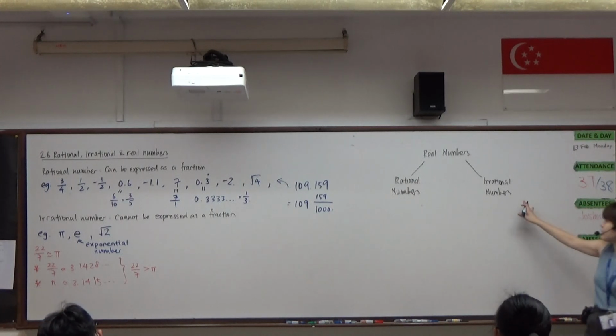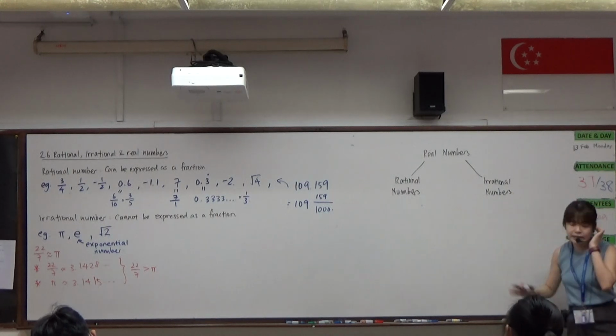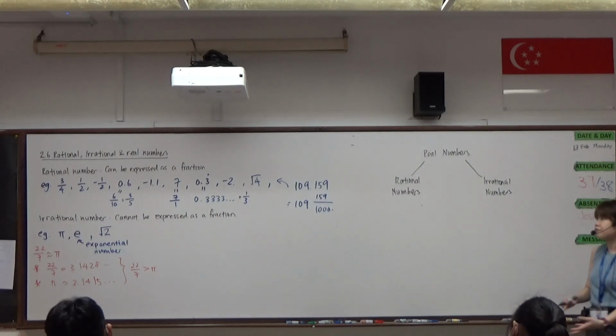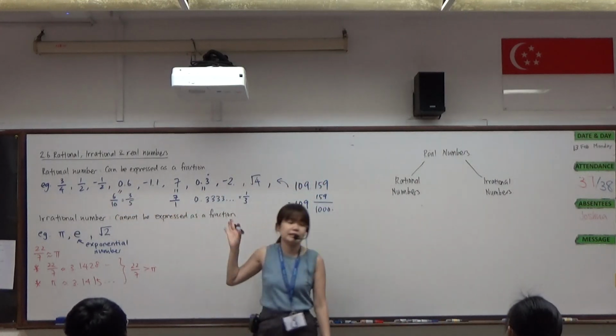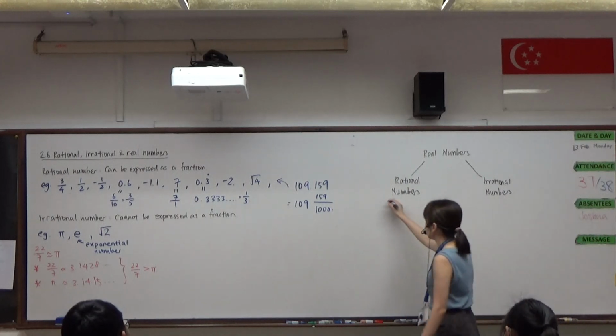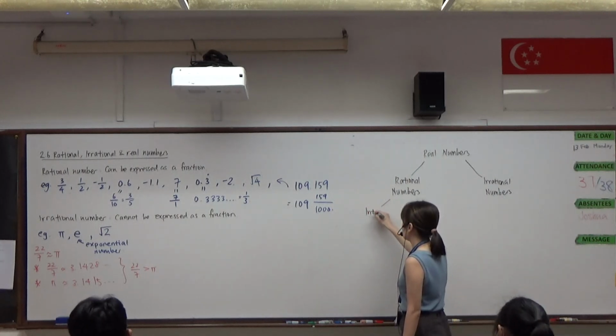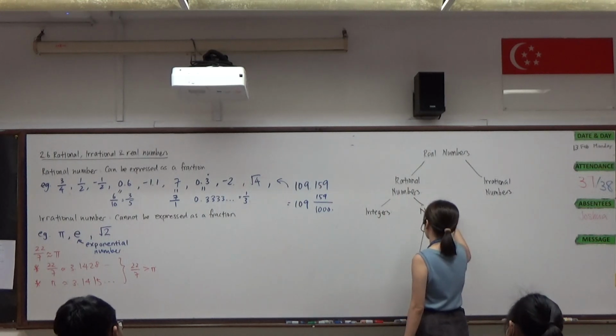Our irrational numbers, in fact, we have already covered. Then from my rational numbers, we notice that we have so many varieties out of it. And we know that out of it I can have maybe my integers and non-integers.